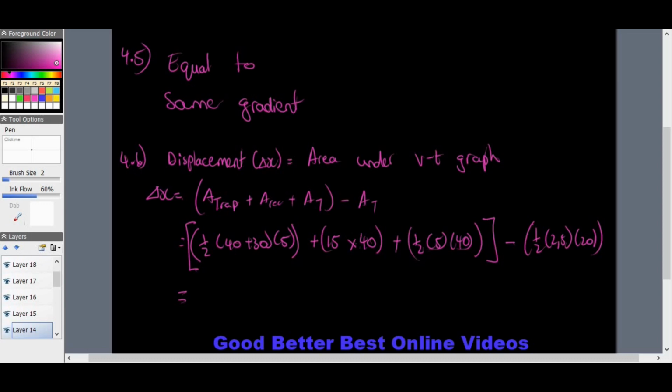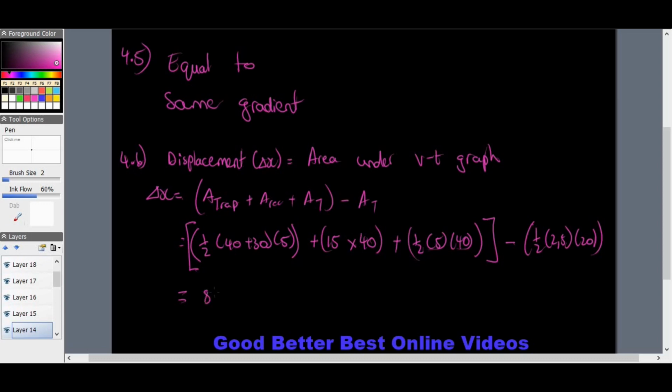Half times 40 plus 30, which is 70, so half of 70, times 5, brackets, plus 15 times 40, plus half of 5 times 40, and minus brackets, half times 2.5 times 20.